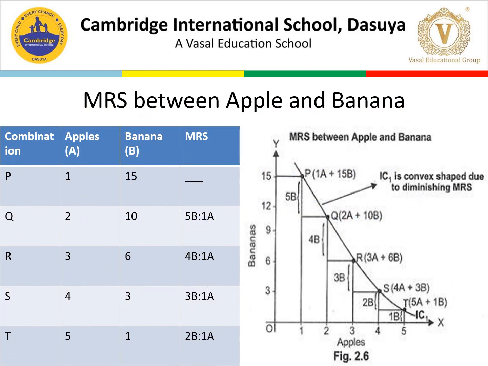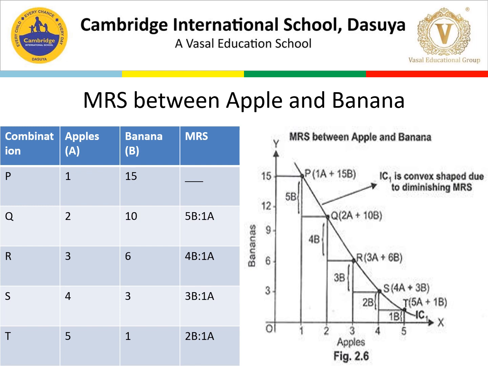So the MRS between apple and banana. We can see the combinations here: P, Q, R, S, T. In the first combination, we have 1 unit of apple and 15 units of banana. In the second combination, we have 2 units of apples and 10 units of bananas.